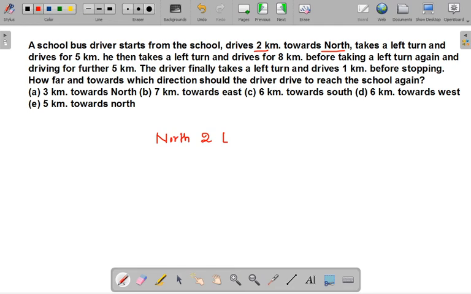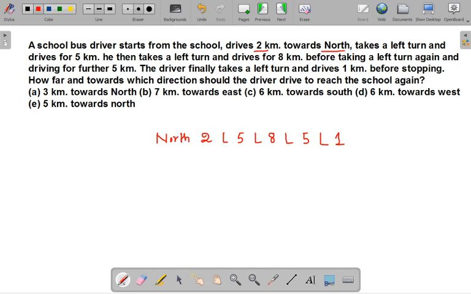He then takes a left turn and drives for 8 kilometers, before taking a left turn again and driving a further 5 kilometers. The driver finally takes a left turn and drives 1 kilometer before stopping. How far and in which direction should the driver drive to reach the school again?